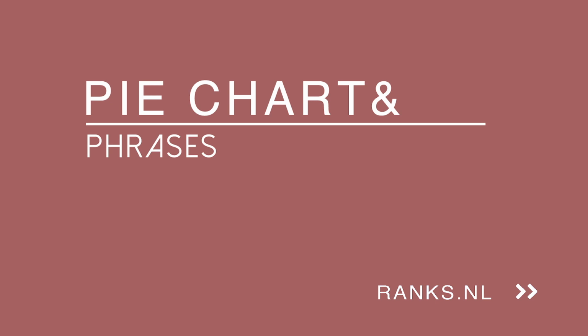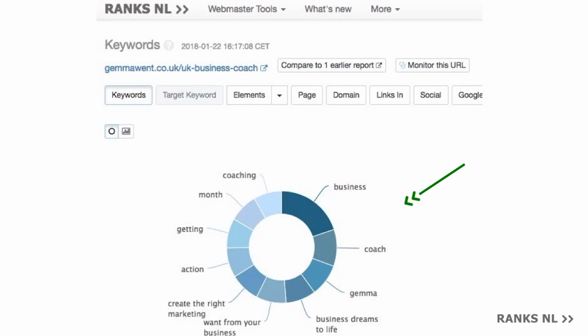Okay, let's start with what you can see on the first page. The dark blue elements of the chart show the words that are seen as most important. This can be just one word, but it can also be a phrase, as you see further on in the chart. Business, dreams to life, for example.